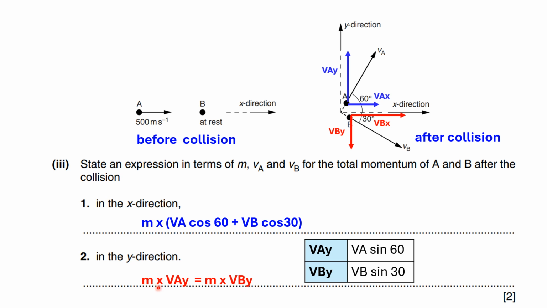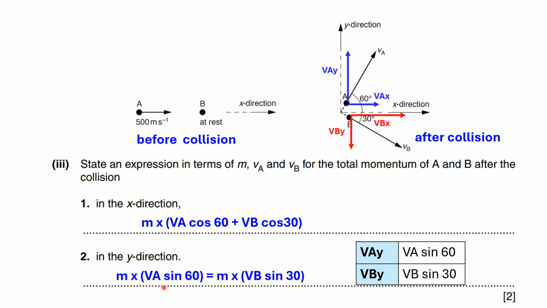It's mass times the vertical component of A is equal to the mass times the vertical component of B. And in this table, we have the expression for each component in the vertical direction. So after substitutions, we have this expression. We could eliminate M, but the question asks to include M, VA, and VB, so just leave it like this.